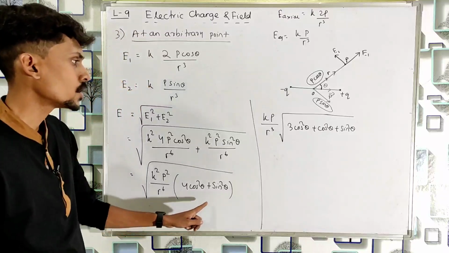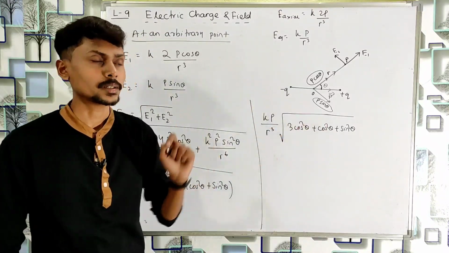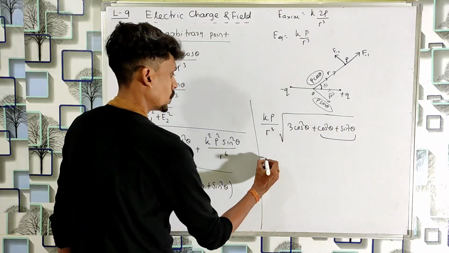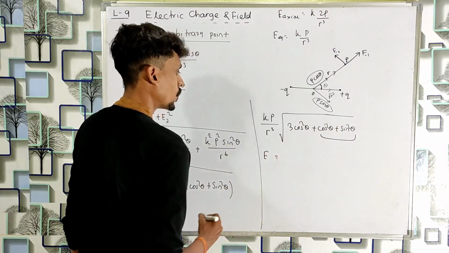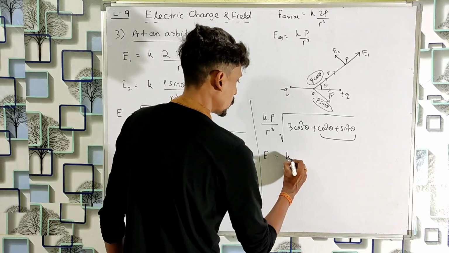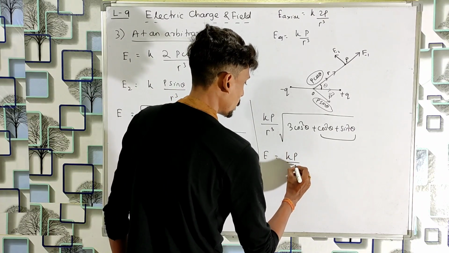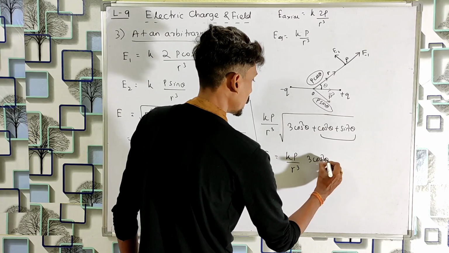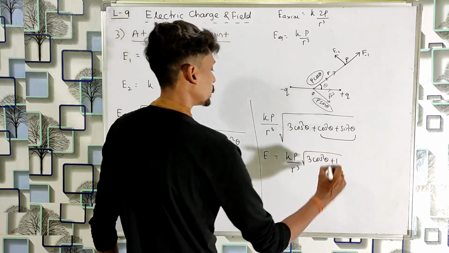Since cos square theta plus sin square theta is 1, E net or the resultant electric field is found to be K P by R to the power 3 into the square root of 3 cos square theta plus 1.